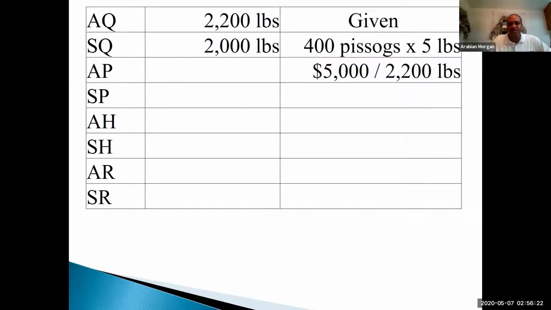So $5,000 was the total cost in buying 2,200 pounds of material. That means we spent $2.27 per pound when buying the material. Questions on this, please? Talk to me. Take yourself off mute if needed.